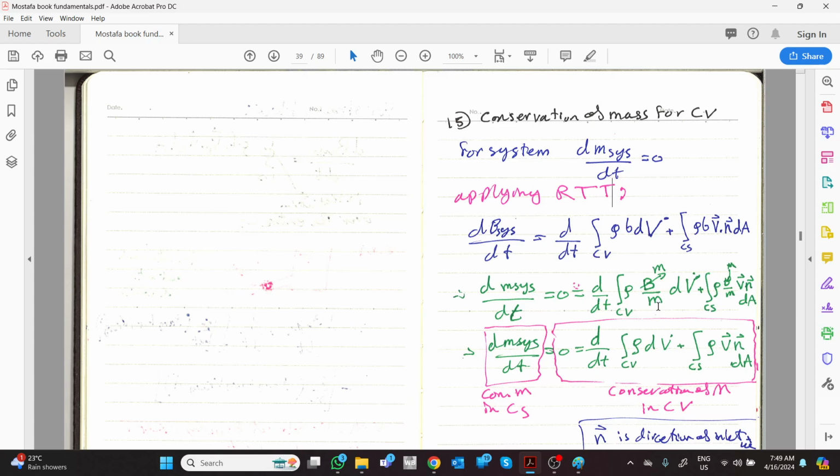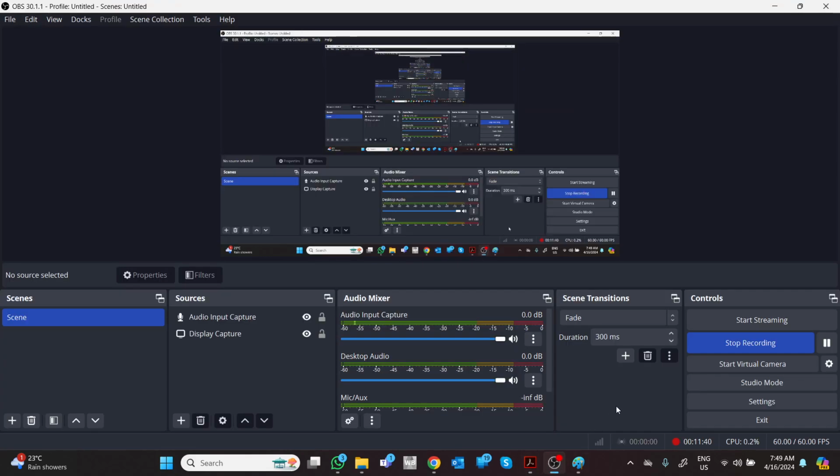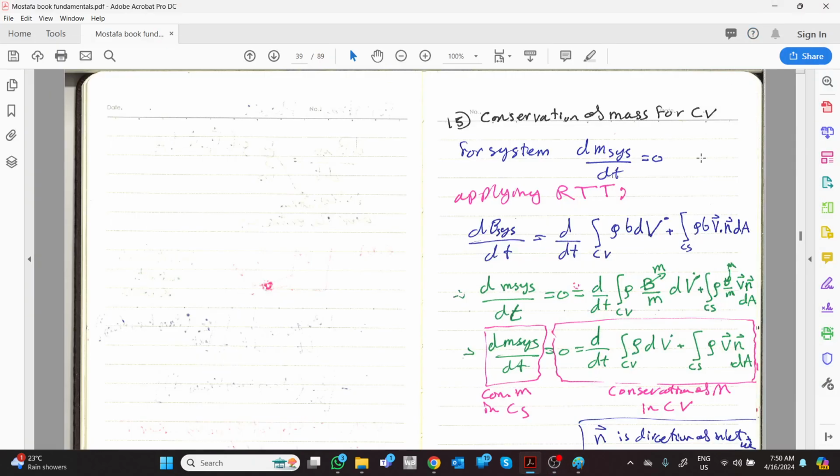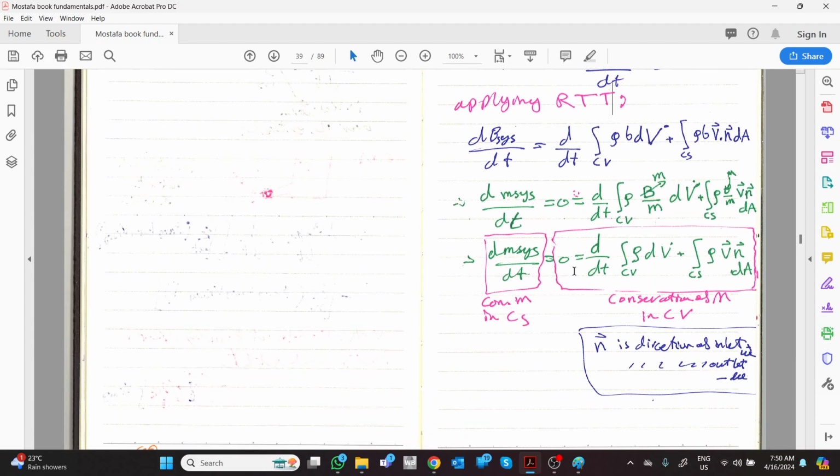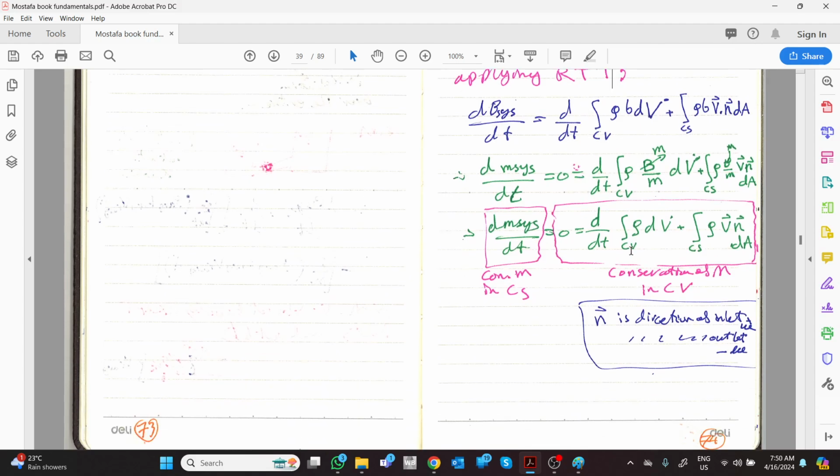M over m is 1 because this is b small, which is B over m. So it will be 0 equals d by dt of the integral over the control volume of rho dV, plus the integral of rho V dot n dA, which means volume flow rate, because this becomes mass flow rate.